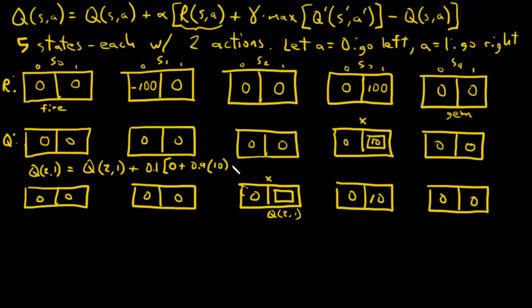And then I subtract off the value that I started with here, which is 0. Okay, so what do I get? Well, I get 0 plus 9 minus 0, so that's positive 9 inside, times 0.1 is 0.9, and then I added to what I had before, which is 0, so this becomes 0.9.